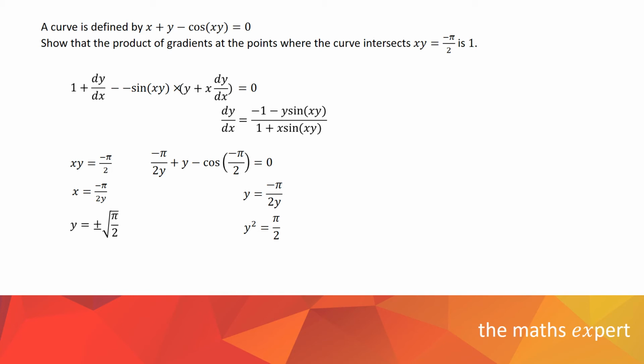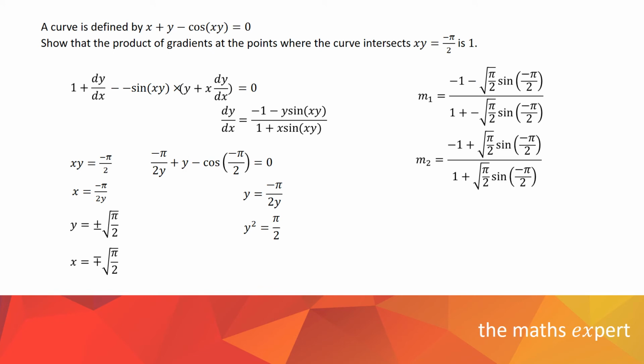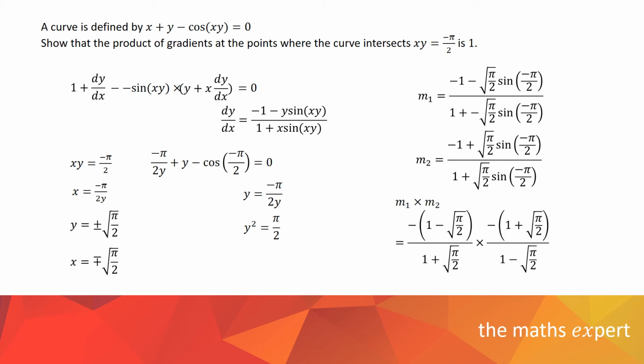Using x is equal to minus pi over 2y, I can get that x is equal to minus or plus root pi over 2. I can now find the two gradients by substituting these points in. When I multiply the simplified gradients together, I can see I will get the desired result of 1.